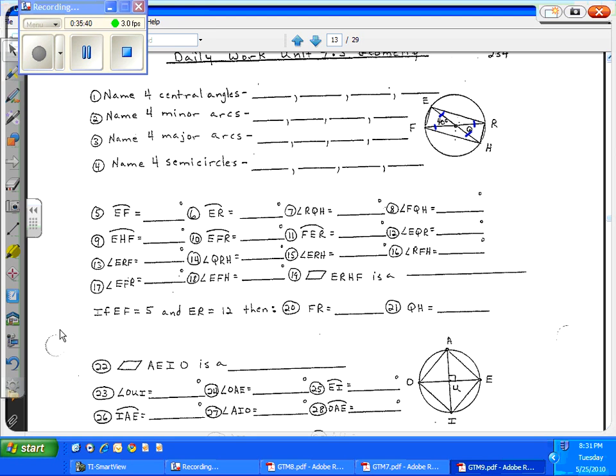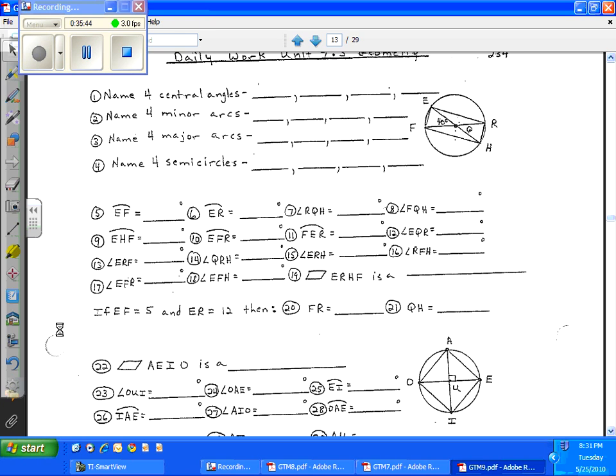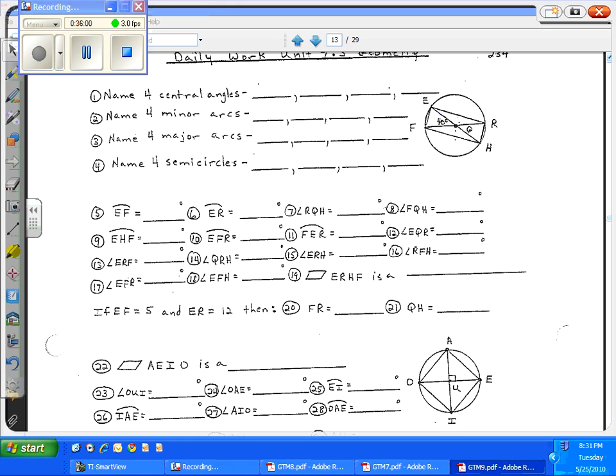Okay? Now I'm going to get those marks out of the way so I can put some other stuff in there. If that's true, then that means that the angle at E is 90 degrees. I'm going to have to make my pen right here, just a second. It means that the angle at E is 90 degrees.